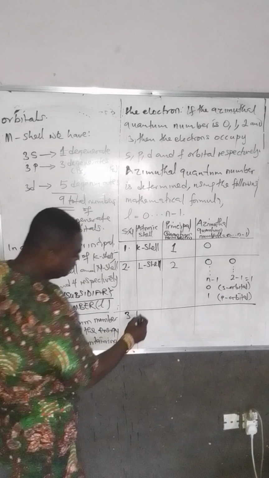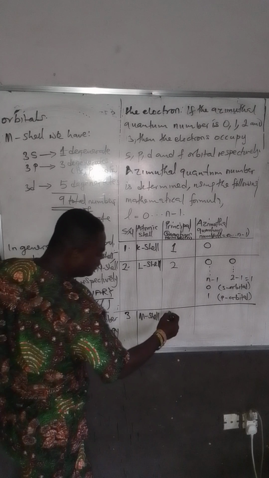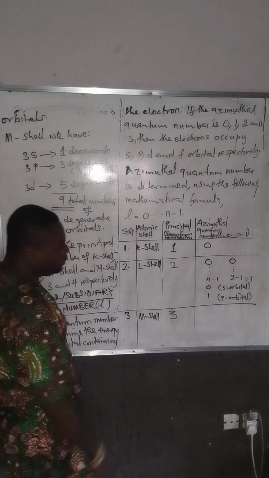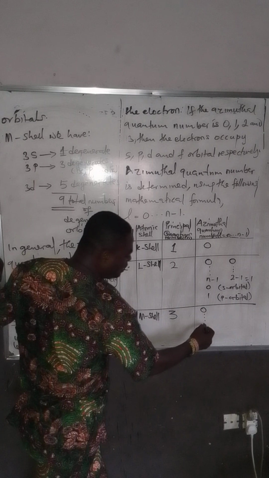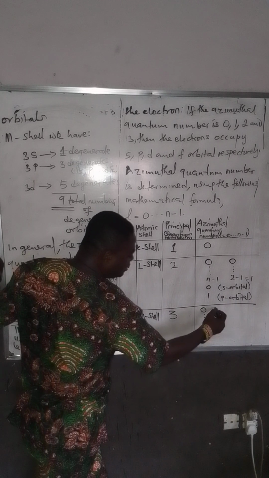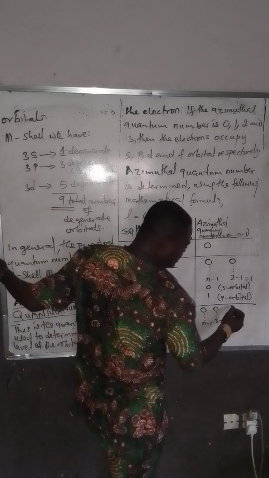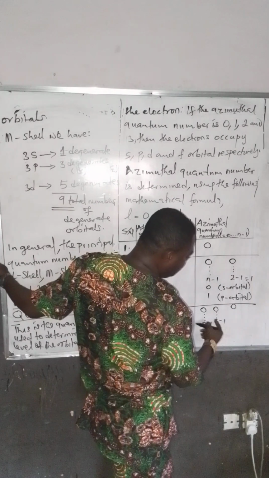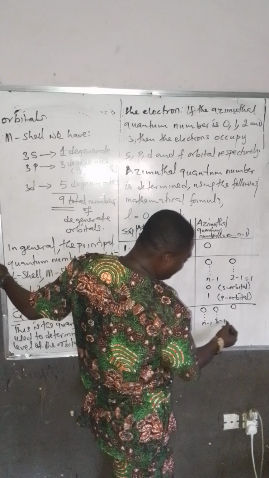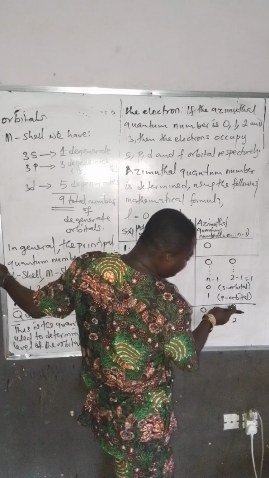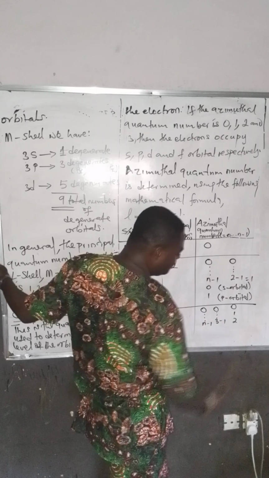Number 3 is the M shell. M shell, principal quantum number is 3. Then azimuthal is 0 up to n minus 1, which is 3 minus 1. The dots mean there is a continuation. 3 minus 1 is 2. Between 0 and 2, what is the number in mathematics? That's 1.